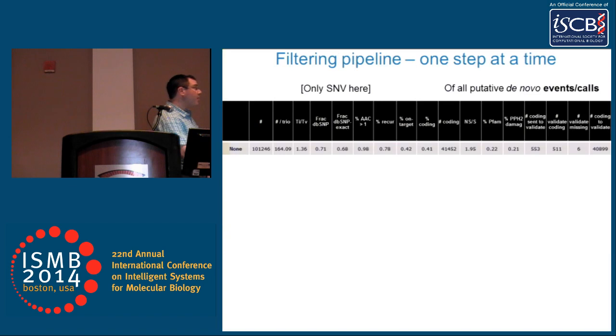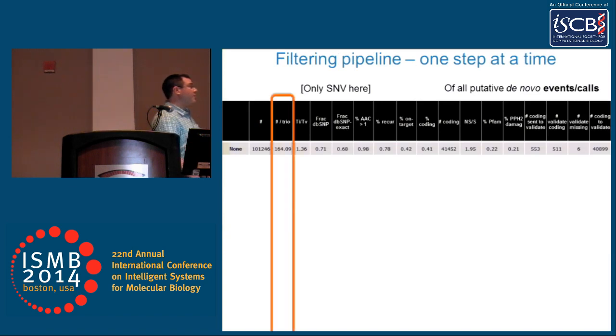So again, we're looking at a bunch of different metrics here. It's not important right now, but the point is, even if we just look at the main metric of the number of de novos per trio, focusing only on single nucleotide variants, without any filtering, if we just take the raw calls that come out of the GATK pipeline, we have over 100 seemingly de novo mutations per trio.